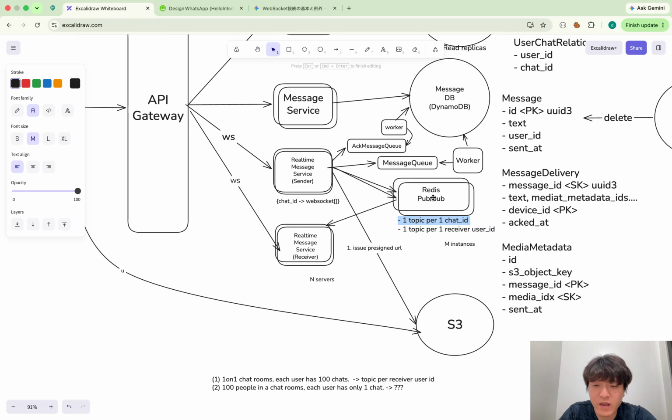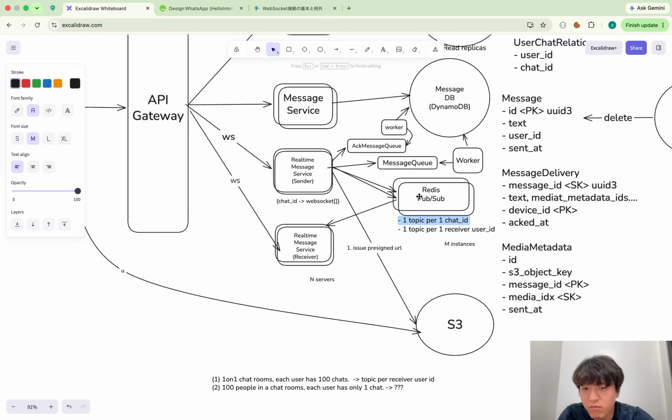Because Redis is an in-memory data structure, fanout in Redis is much more scalable. To be honest, I'm not super sure and I'm not familiar with why that is, but Gemini said so. Maybe I will dive deeper into this reason someday.